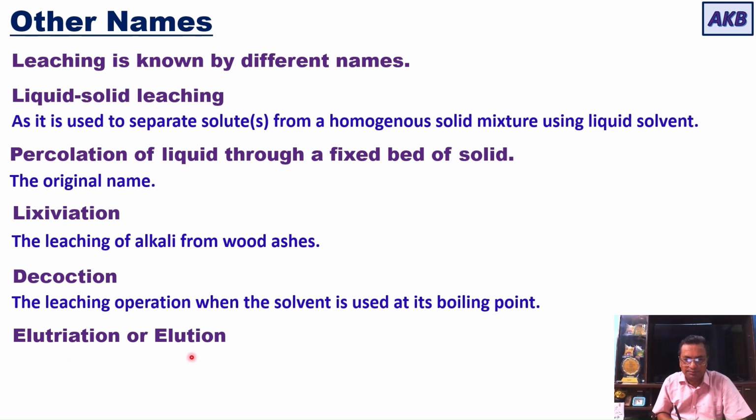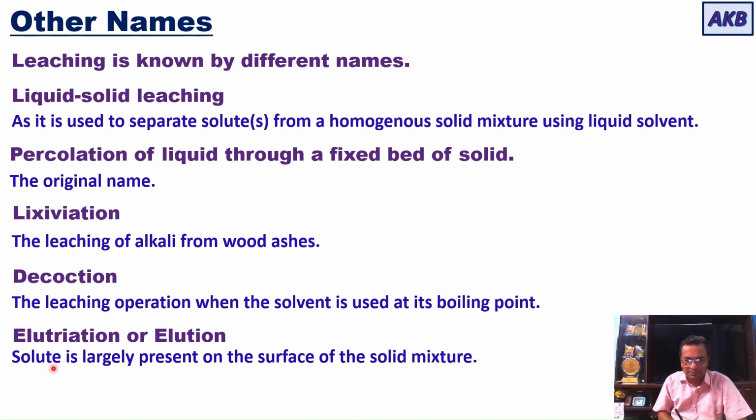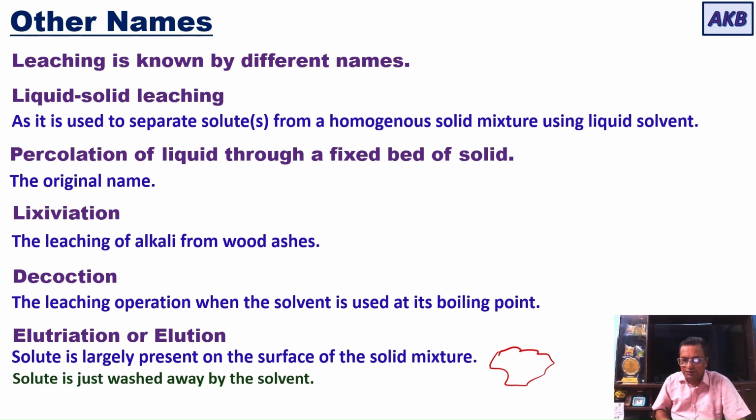Then elutriation or elution. In this case, the component that is to be recovered, that is the solute, is largely present on the surface of the solid mixture. When you contact this solid with the solvent, the solute present on the surface is simply washed away by the solvent, and this operation is called elutriation or elution.